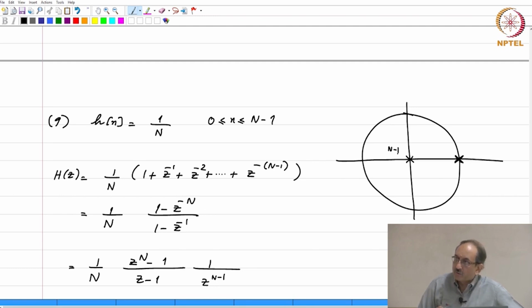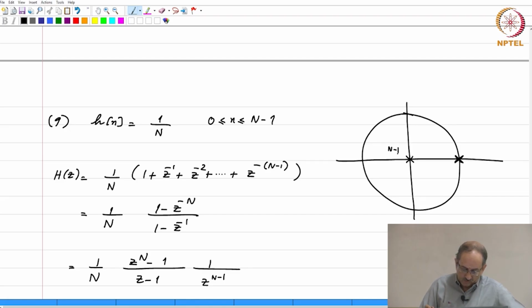What about zeros? Zeros are the roots of the numerator. So, the numerator polynomial is z power n minus 1. Therefore, the roots are nth roots of unity.